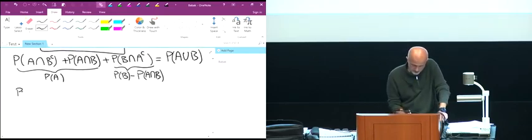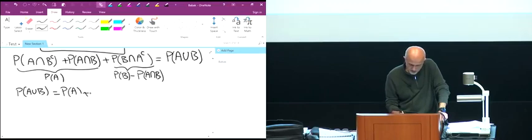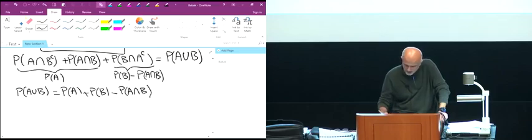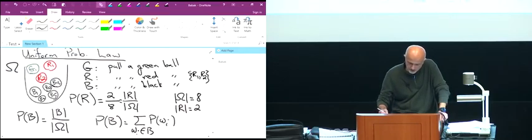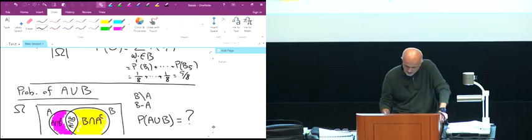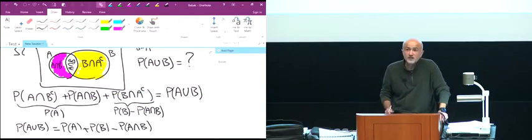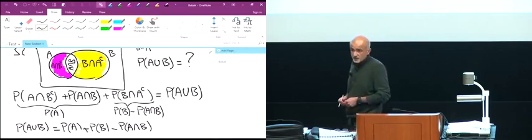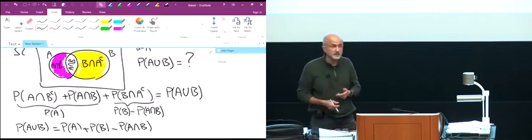So the probability of the union is equal to the probability of A plus the probability of B minus the probability of the intersection. We subtract the intersection probability because by adding the probabilities of the two events, we are double counting the intersection probability. So we have to take it away.